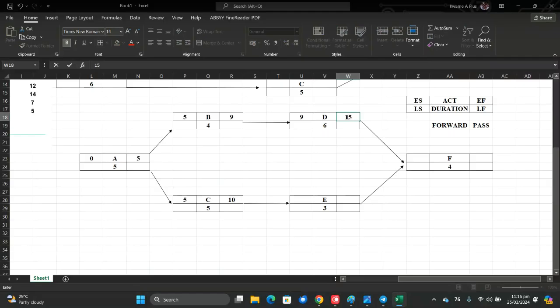So we are doing the forward pass. And then the earliest start of E becomes 10, the earliest finish of C, and then the earliest finish becomes 13. Please, are we following the trend?